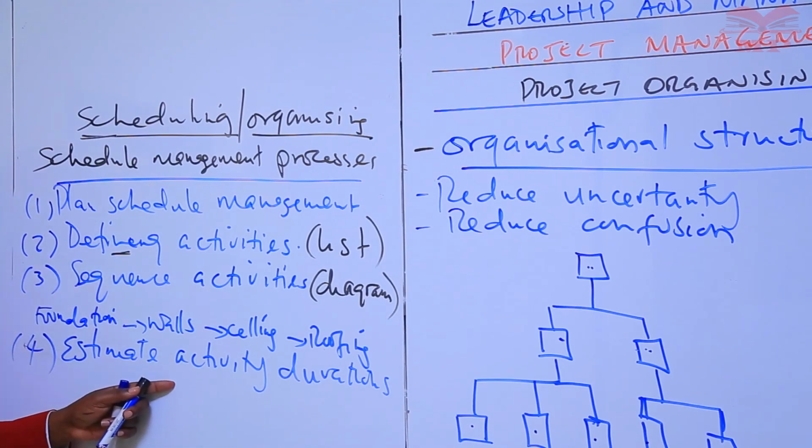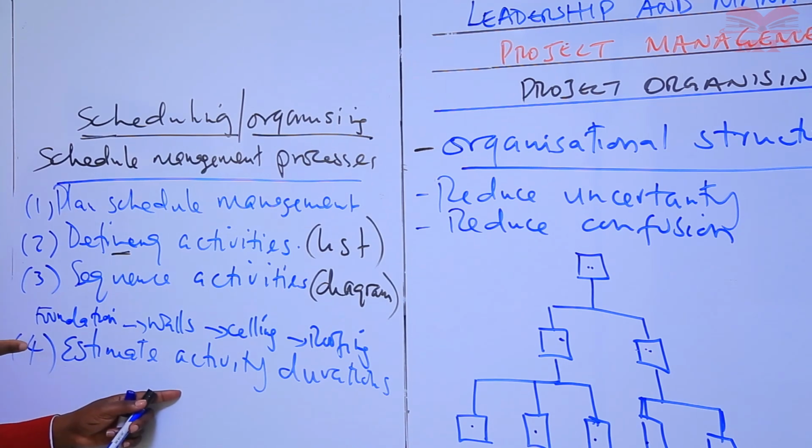The key benefit of this process is that it provides the amount of time each activity will take to complete. All right? Estimating activity durations provides the amount of time each activity will take to complete.